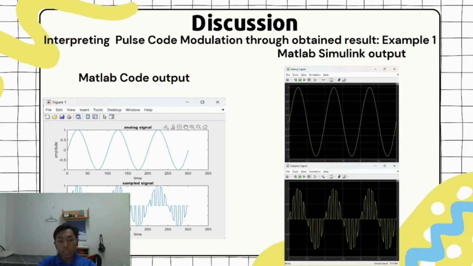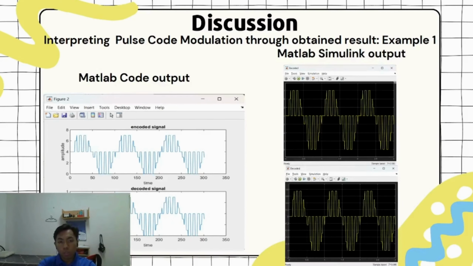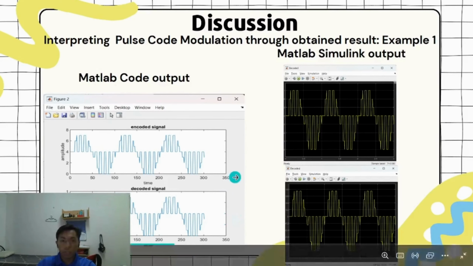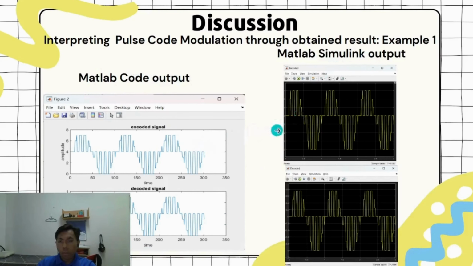Then later, the sample signal will go through the encoder process, and you can see the MATLAB code output and the MATLAB simulation output are the same. The values range from 0 and above, the same as the encoded MATLAB simulation. Then this encoded signal will be decoded by the decoder.